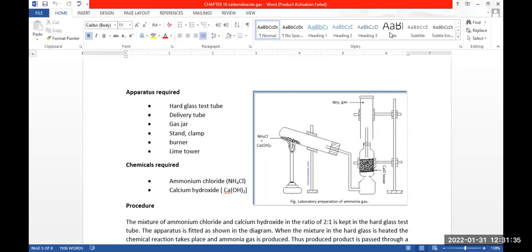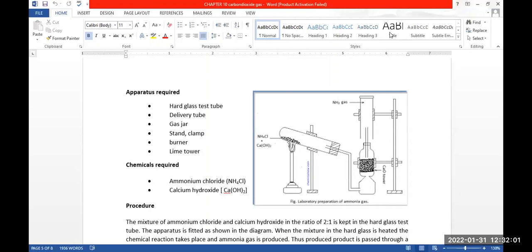tube is inclined downward to prevent cracking by preventing the returning back of water drops. त्यो water drops हरु डेलिभरी ट्युब बाट फर्केर हार्ड ग्लास टेस्ट ट्युबमा नआओस् भनेर इन्क्लाइन डाउनवर्ड गरिन्छ है, because hard glass एकदम तातो हुन्छ, त्यसमा वाटर प्याक भयो भने क्रैकिङ हुन्छ.